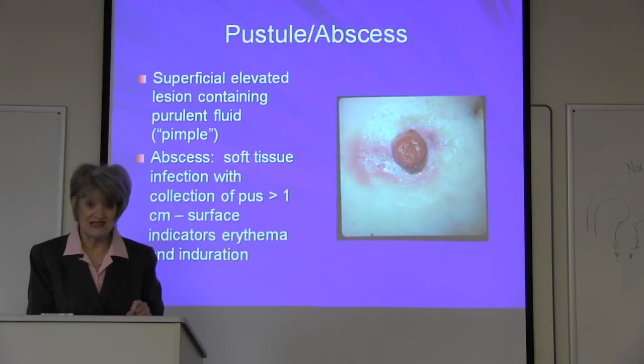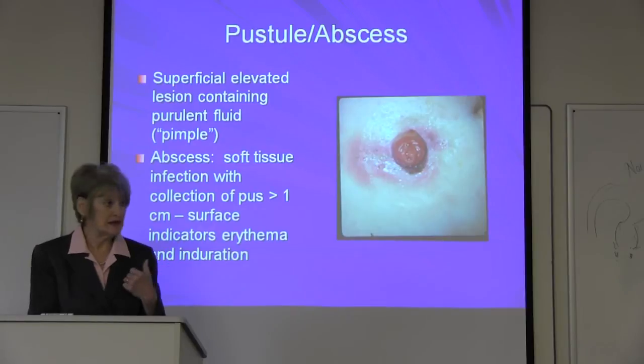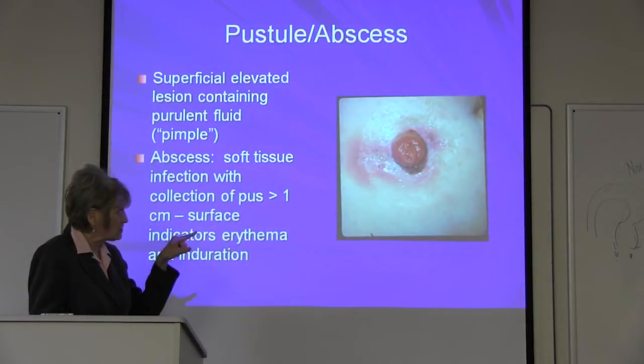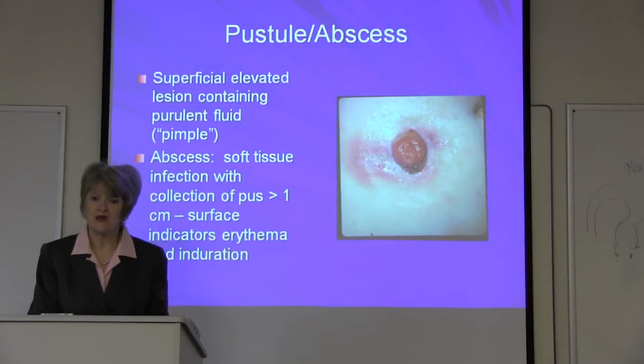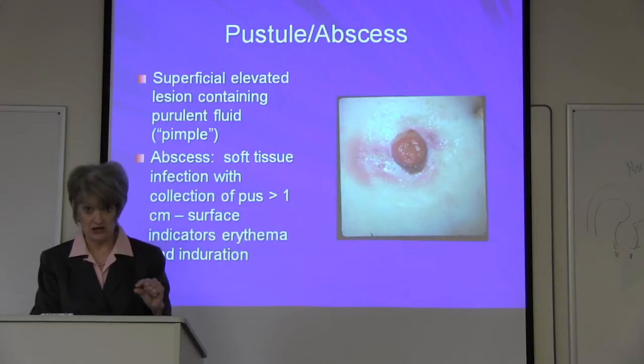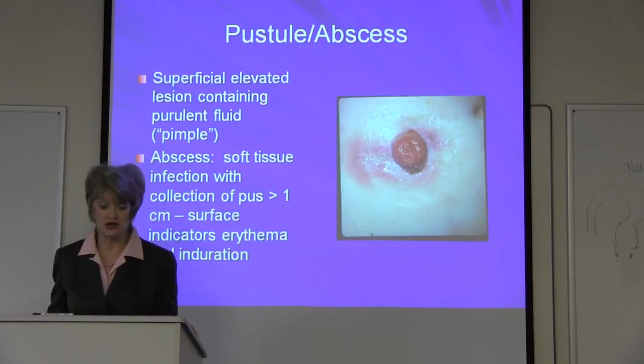A pimple or a zit is one example of a pustule. But in this case, you see that this patient has a peristomal pathology that's characterized by pustular lesions as well as generalized erythema and induration. So anytime you see little elevated lesions, less than 1 centimeter in diameter, filled with purulent fluid, you refer to those as pustules or a pustular rash.